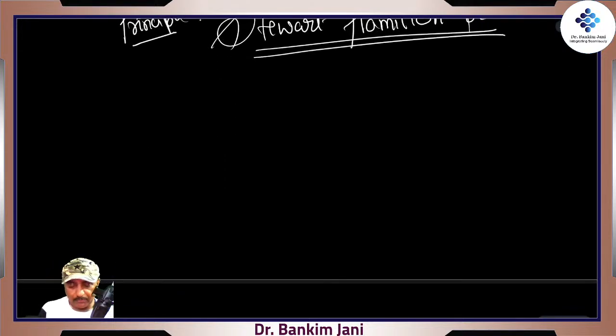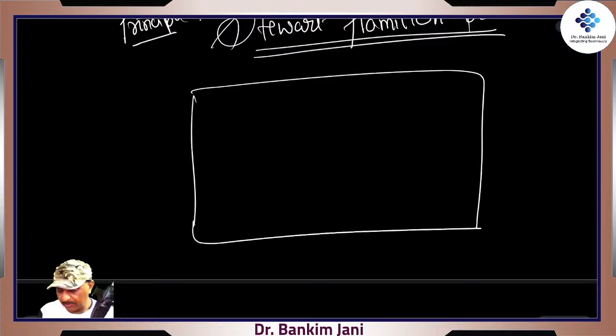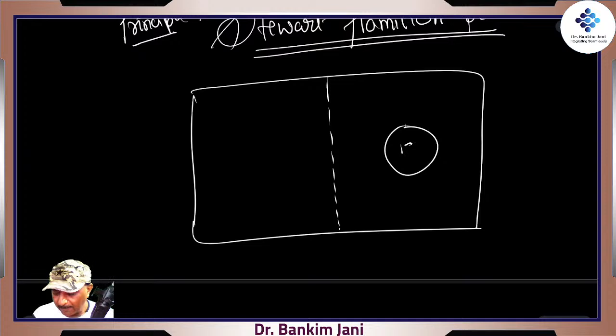From this point onwards, we'll draw one figure only, till the end, for all our understanding of ECF, interstitial fluid, and the intracellular fluid. So we'll draw like this, like this, and like this. This is our intracellular fluid.